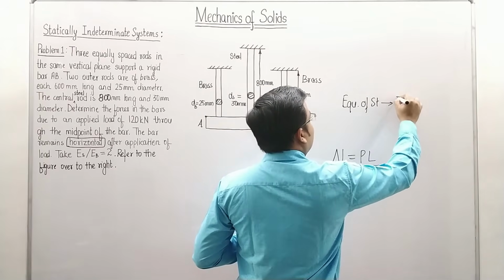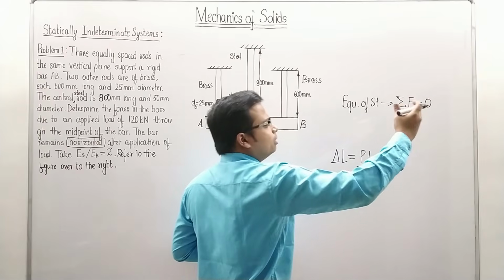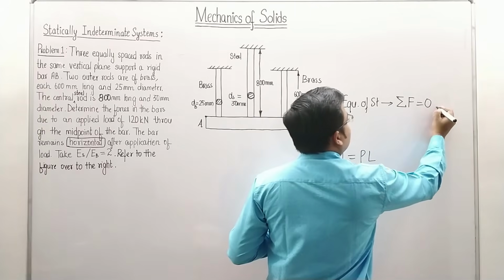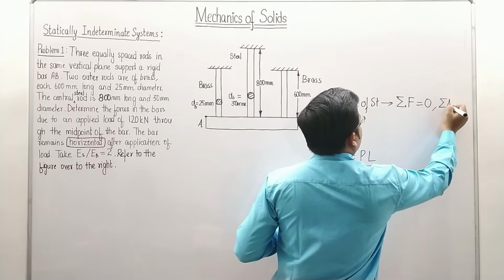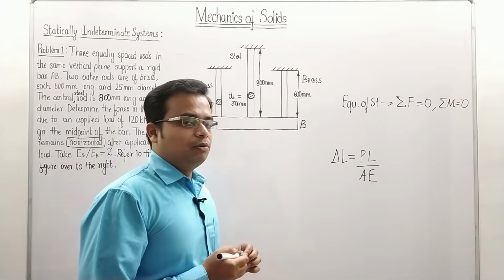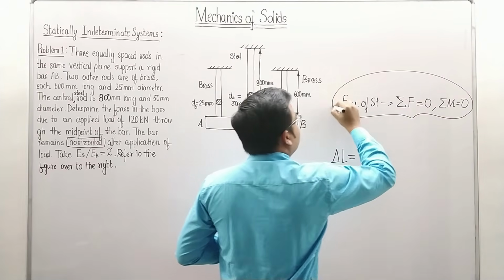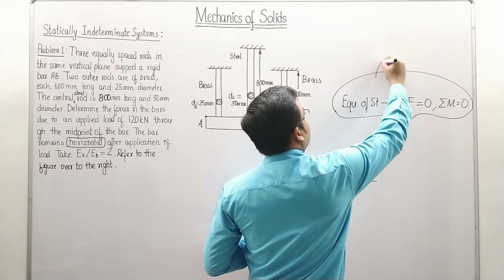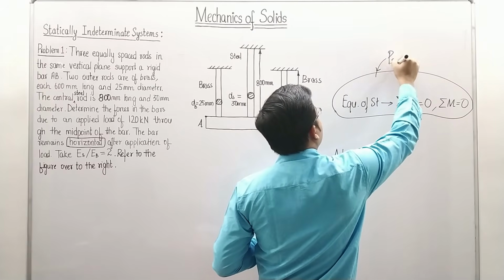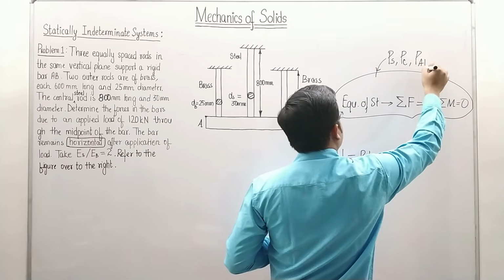is not enough. What are equations of statics? Summation of all the forces along x, y or z direction is equal to 0. Also the moment about a specific point on a plane of forces is equal to 0. These equations are not enough to find the value of unknown forces, let's say force along steel, force along copper, or force along aluminum, right?